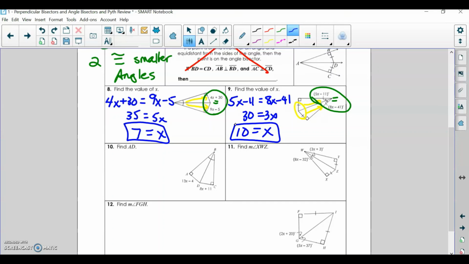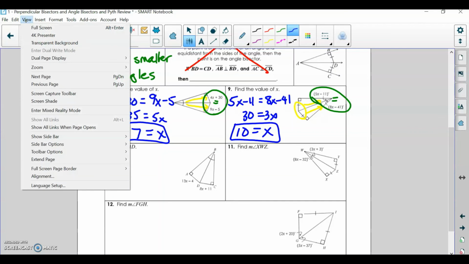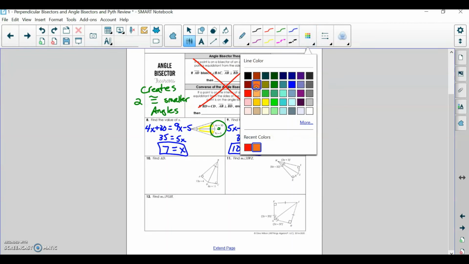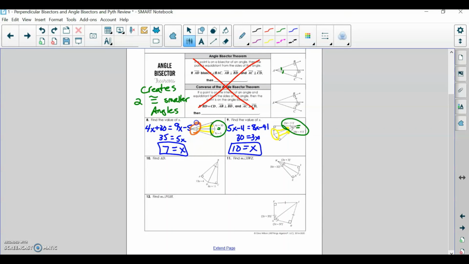So as we look down at the rest of these problems, do you see any differences? The bottom one, number 10, doesn't have congruence. It does. Number 10 is exactly like number 8. See, they give you the congruent angles right here.